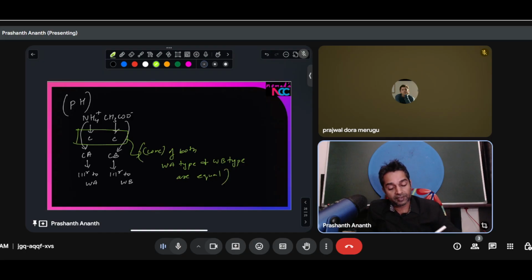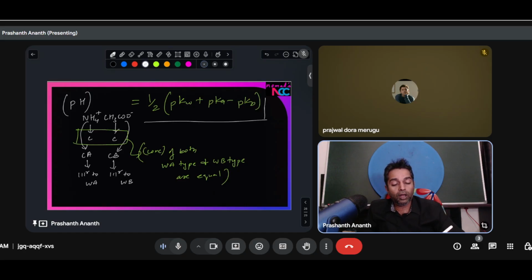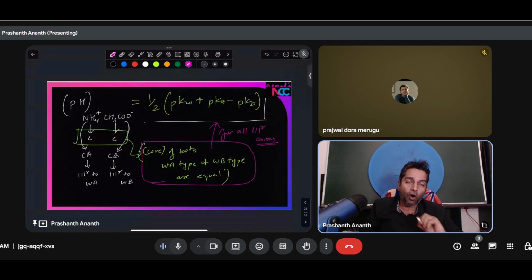If this is the case, for this kind of a case, we have now derived the expression that the pH is going to be half into pKw plus pKa minus pKb. This expression is very useful and very, very important because this expression is holding good for all cases like this. What do I mean by this holds good for all similar cases?